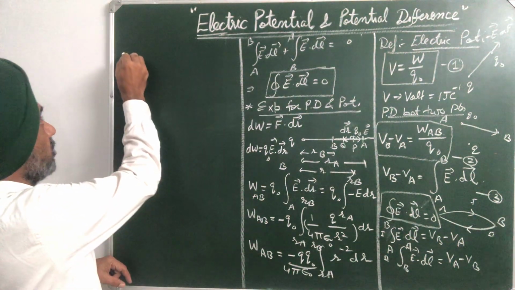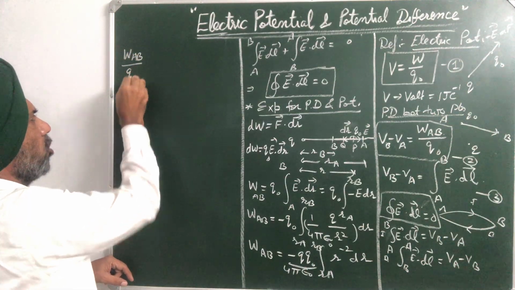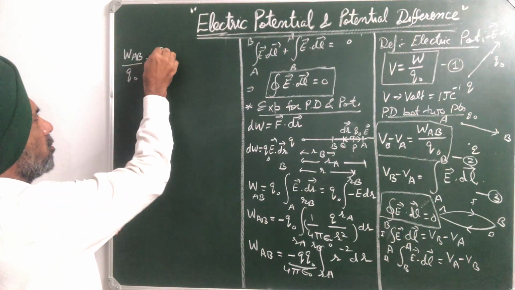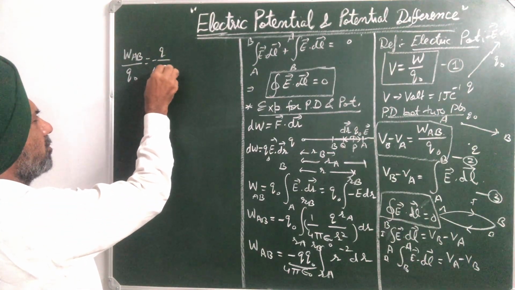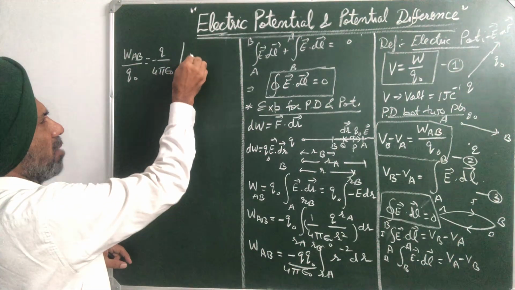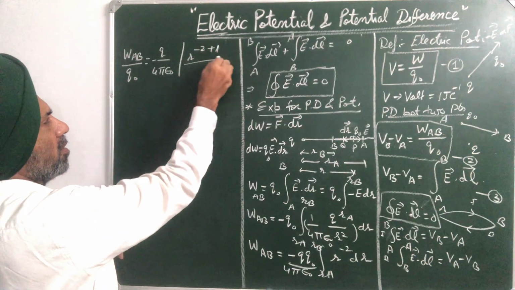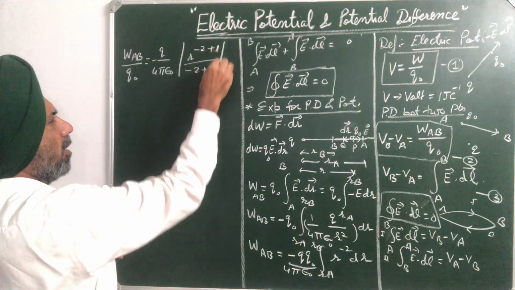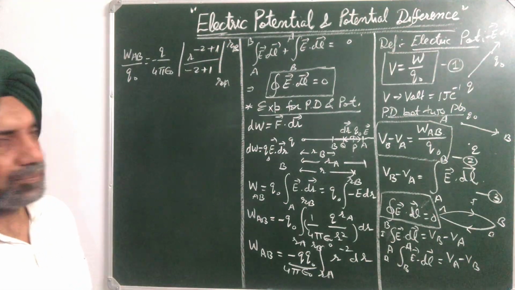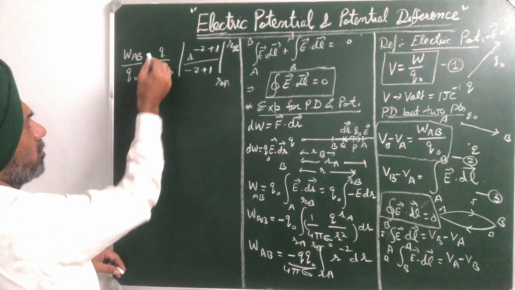Solving this integration, we have W AB per unit test charge Q naught equal to minus Q upon 4 pi epsilon naught times the integral of R to the power minus 2, which is R to the power minus 2 plus 1 upon minus 2 plus 1, with limits RA to RB. Simplifying, minus 2 plus 1 is minus 1, so minus and minus give plus.